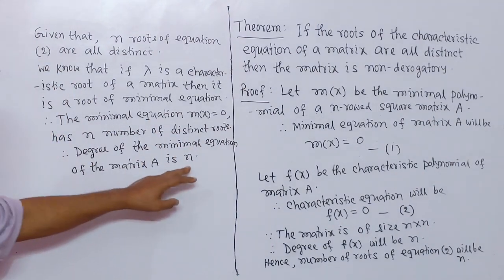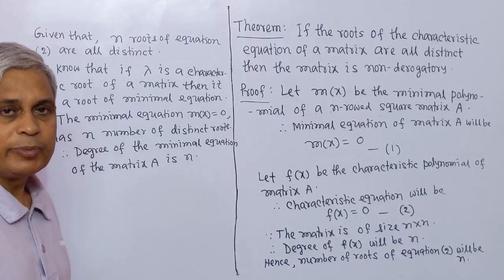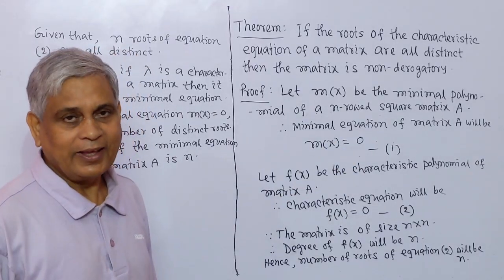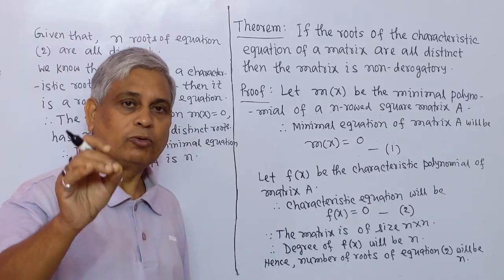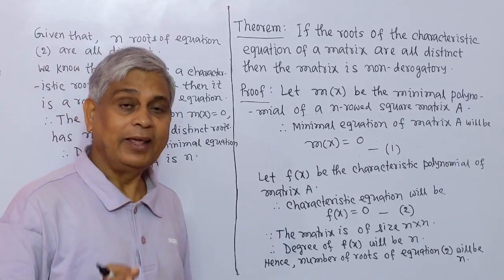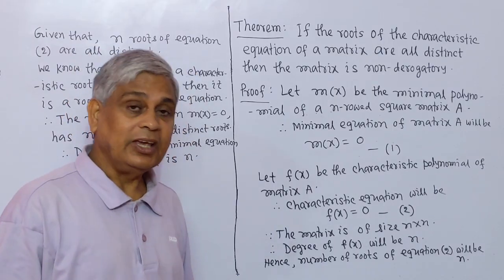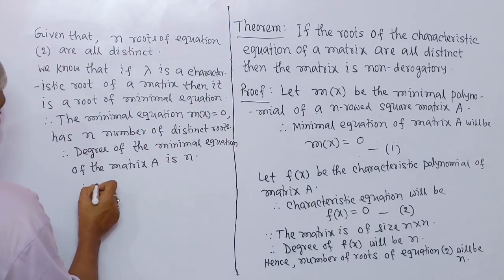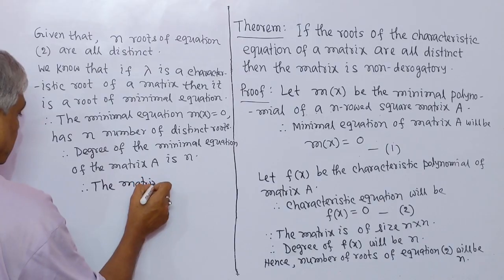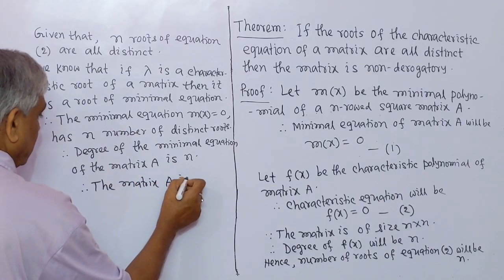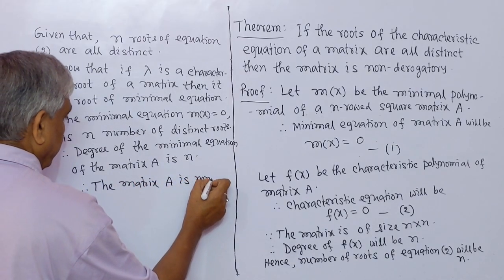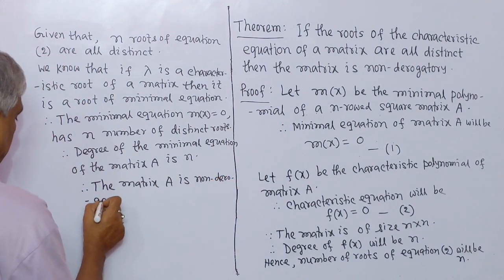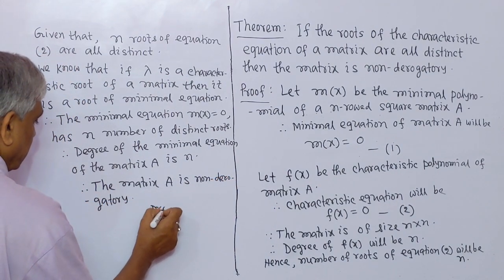We know that if degree of the minimal equation of a matrix is equal to n, as A is the n row square matrix, then the matrix is non-derogatory. Therefore, the matrix A is non-derogatory. Proved.